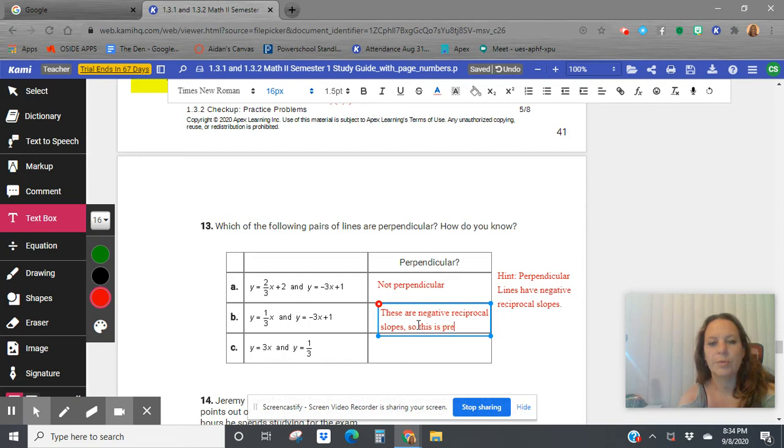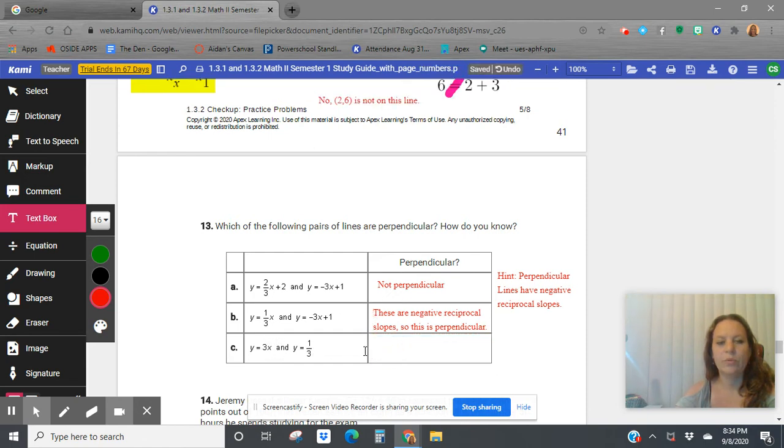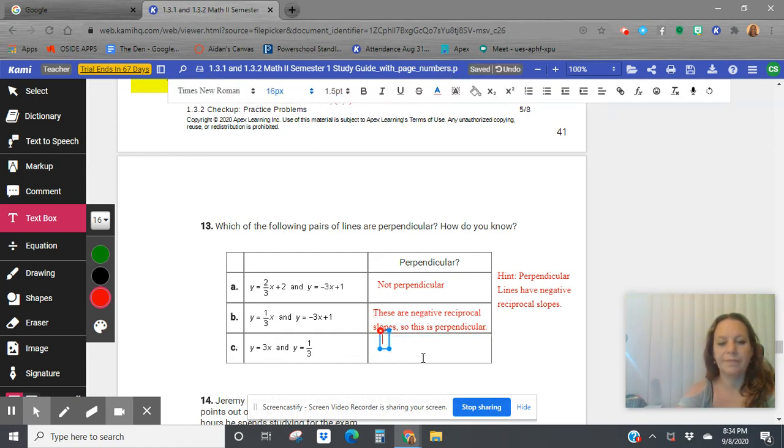So this is perpendicular. Finally, 3 and 1/3, it's missing a negative. These are not perpendicular because there's not negative reciprocal slopes.